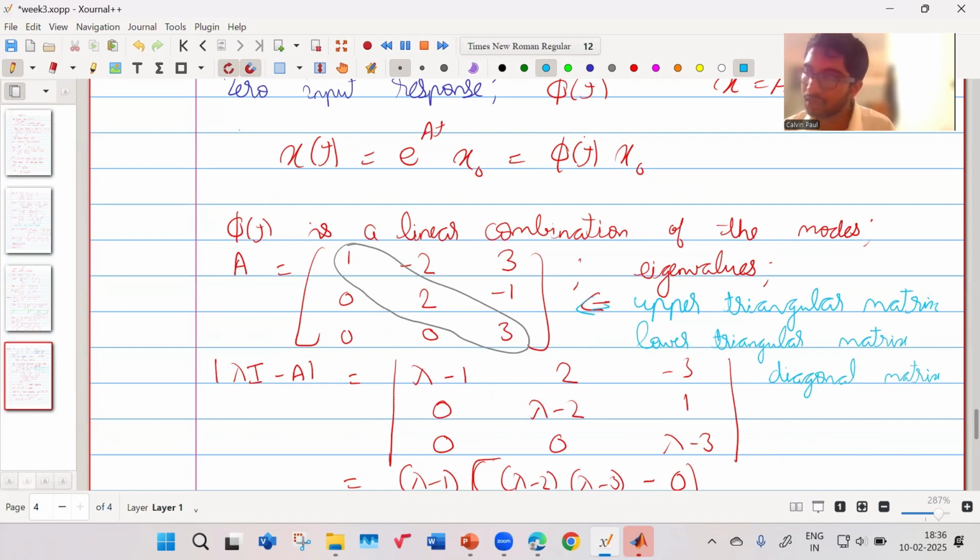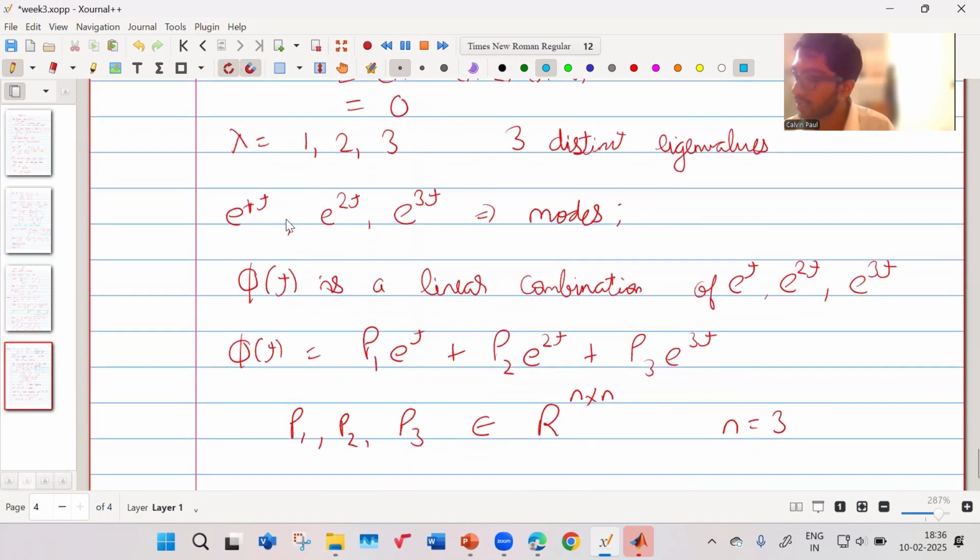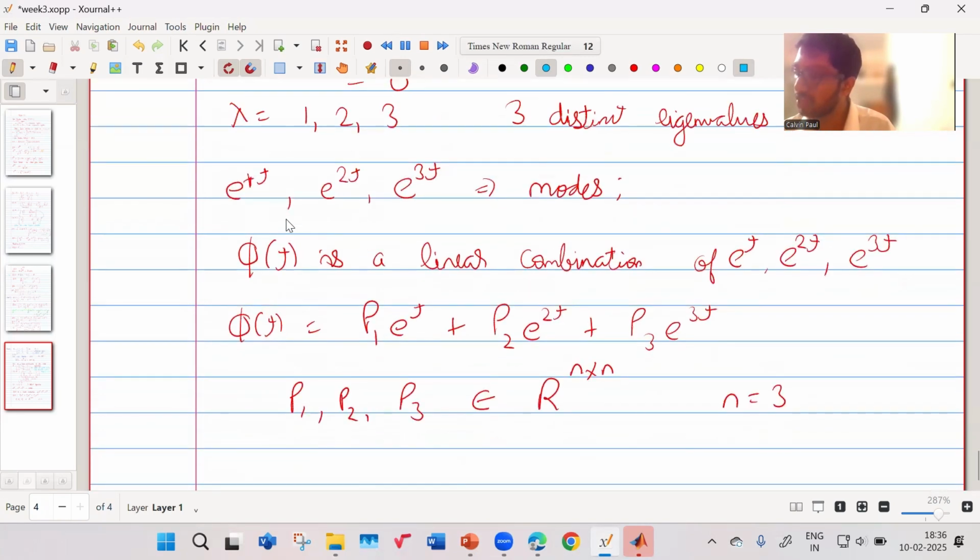That's how you learn and integrate it. And the assignment questions are very good. If you solve them, they give you more insight into what you have learned. So this is how it is a linear combination of these modes of the system.